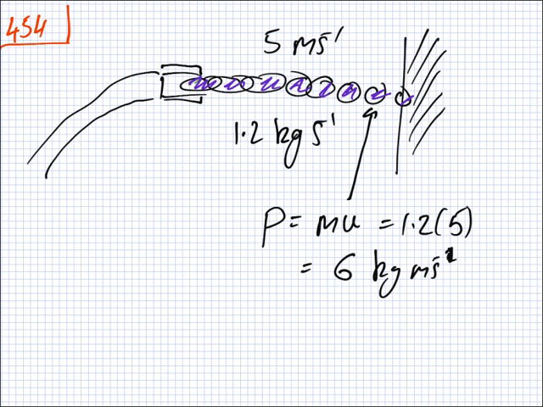No, it's the force acting on the wall. But what is the momentum after it hits the wall? I might as well write that down. I'll call this P1, and then here it hits the wall, P2. What is the momentum there? The u is 0. So 0.